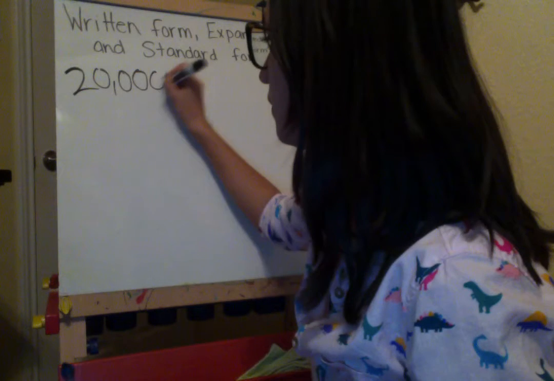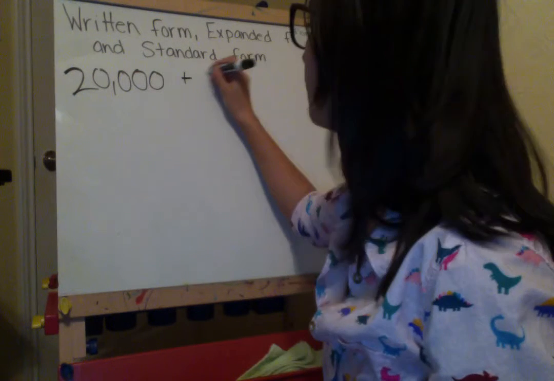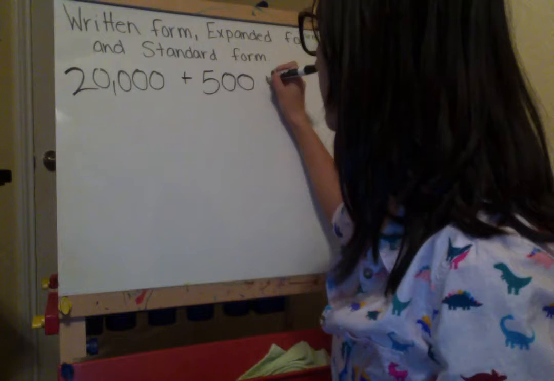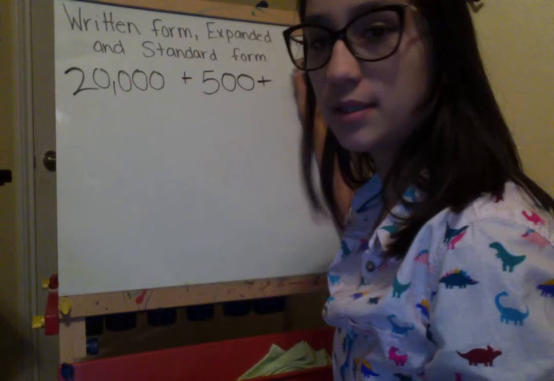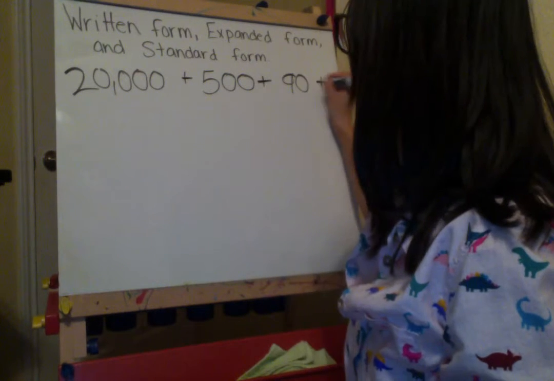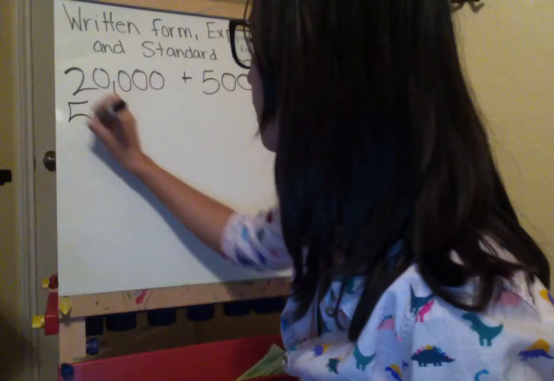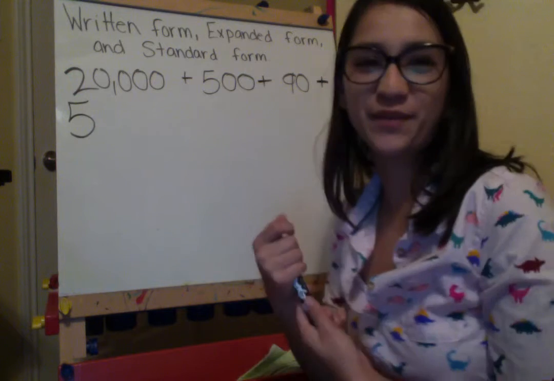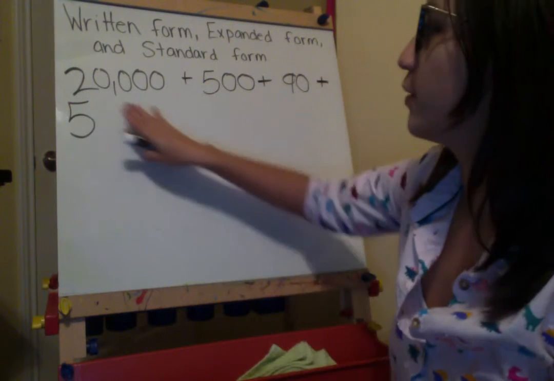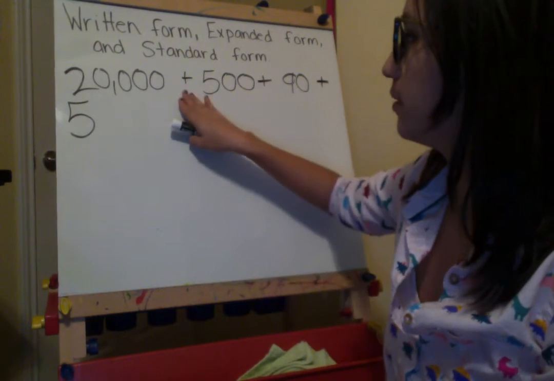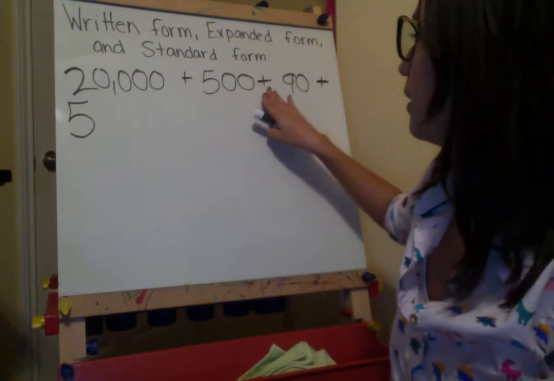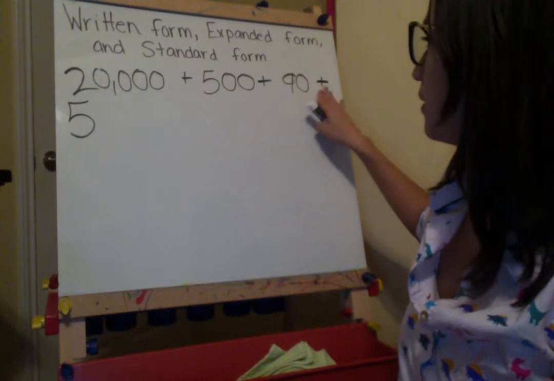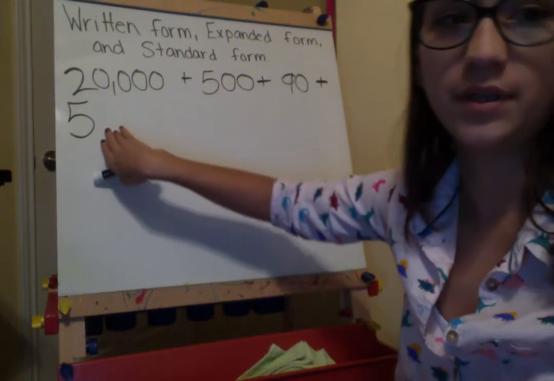So it's 20,000 plus 500 plus 90 plus 5. So this is the expanded form of our last equation. So it's 20,000 plus 500 plus 90 plus 5.